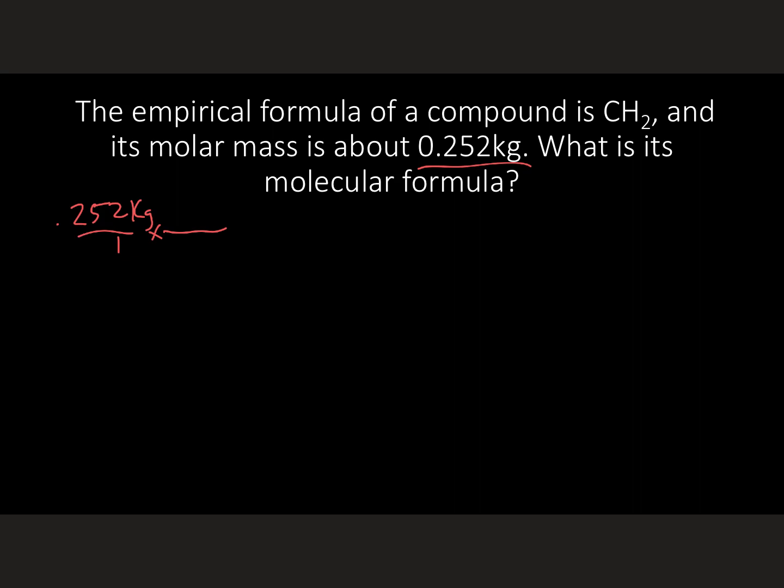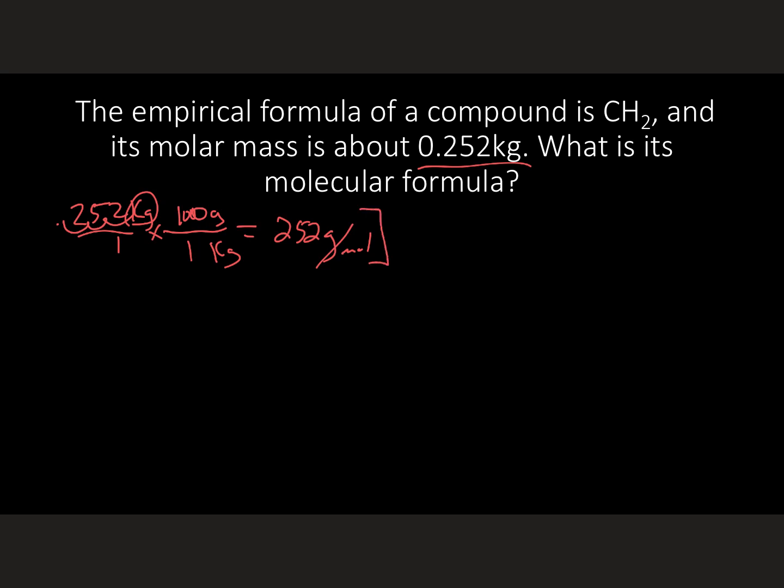How many grams in a kilogram? Kilo, 1,000, right? So 1,000 grams. This unit is on top, so it's going to be on the bottom. So 1 kilogram, and we have 252 grams. That's the molar mass, so that's grams per mole. Okay, so that's how much the whole compound weighs, 252.